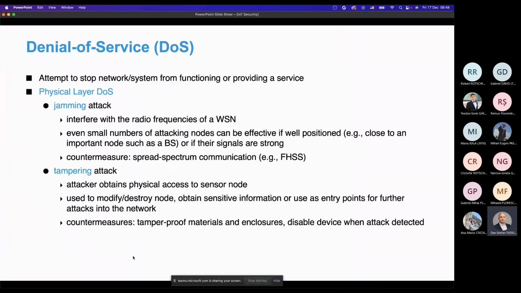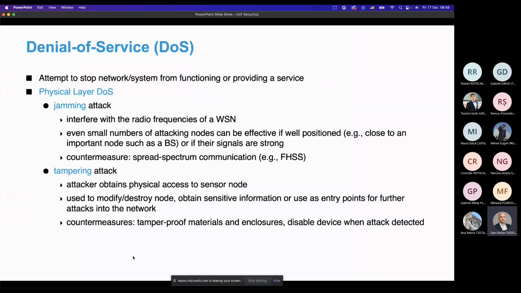We're going to talk about the main vulnerabilities of IoT solutions, because there's a variety of attacks that attempt to compromise the network's operation. First off, we're going to talk about denial of service attacks. A denial of service attack can be characterized as an attempt of an adversary to stop a network from functioning or to disrupt its services.